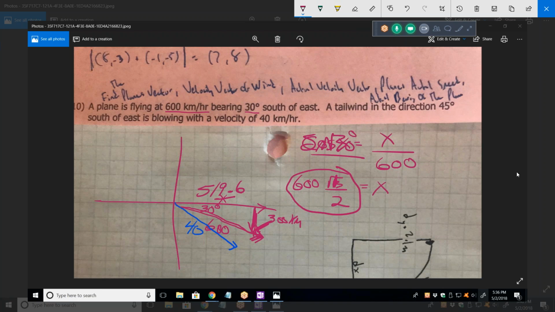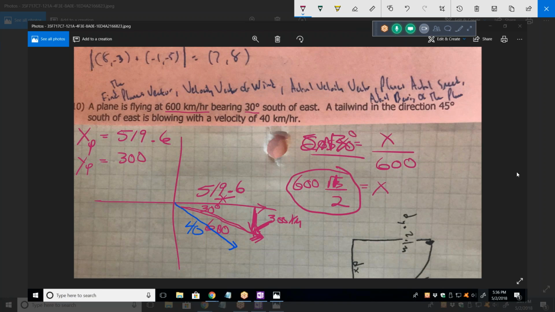Sine of 30 degrees is 1/2, so it's going to be 1/2 times 600, which is 300. So here's what we've got. The x component of the plane equals 519.6. The y component of the plane equals 300.